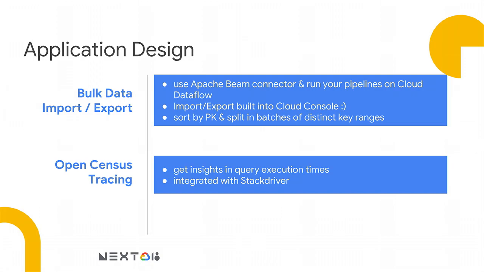Now, somebody might say, wait, didn't you say not to use monotonically increasing or decreasing primary keys? Why are you sorting? The reason is you're sorting and sending all these chunks in parallel, which means they go to different splits.